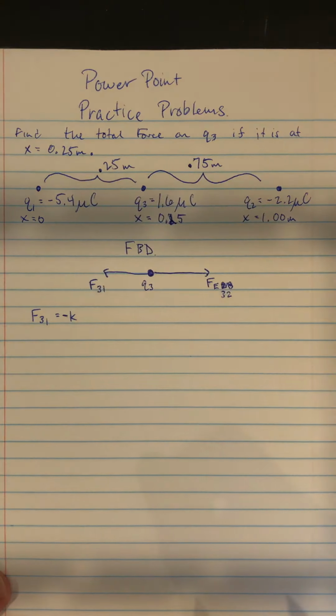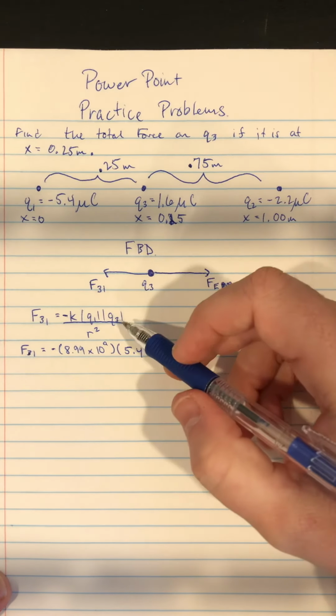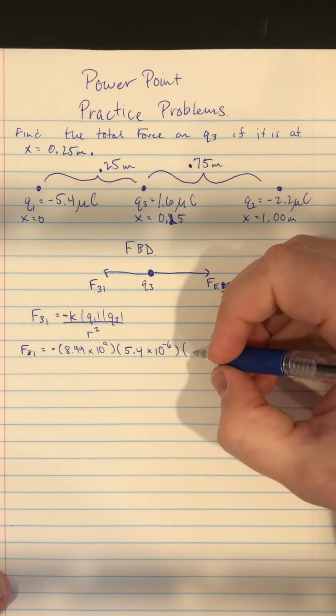Negative 8.99 times 10 to the 9th times 5.4. We take the absolute value, so 5.4, and it's microcoulombs, so it's times 10 to the negative 6th, times Q3, which is 1.6.